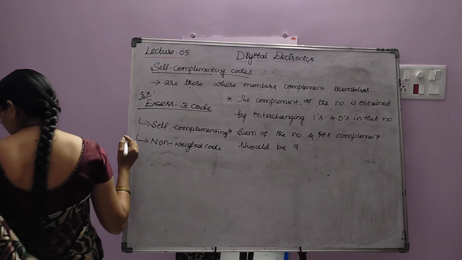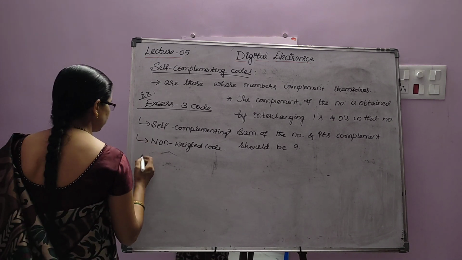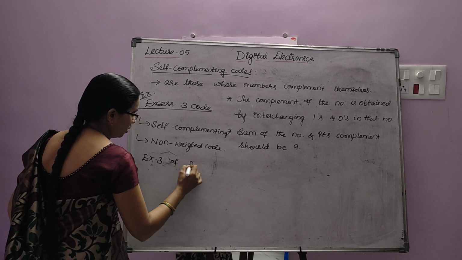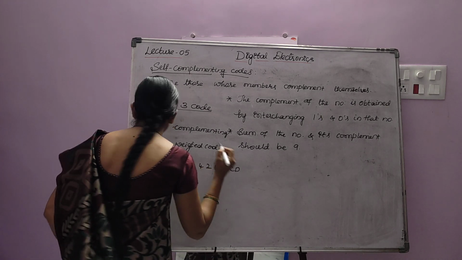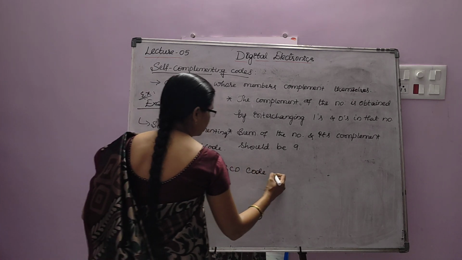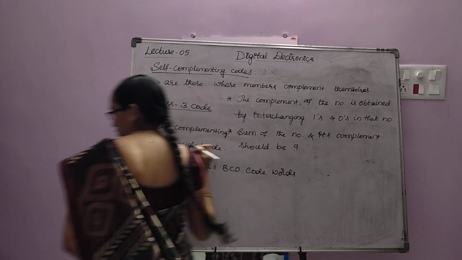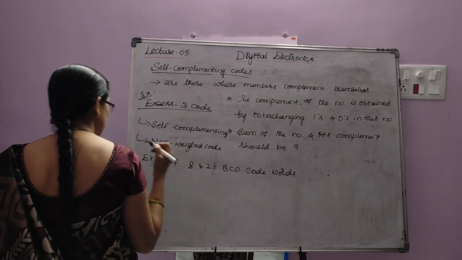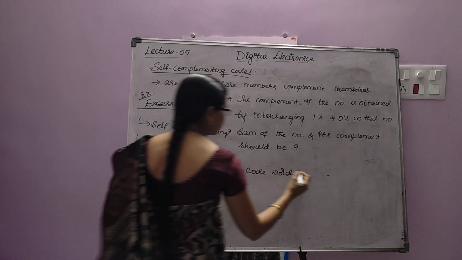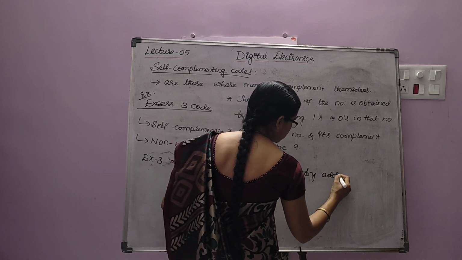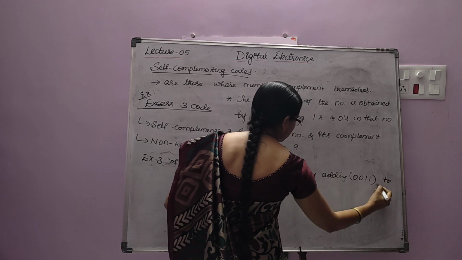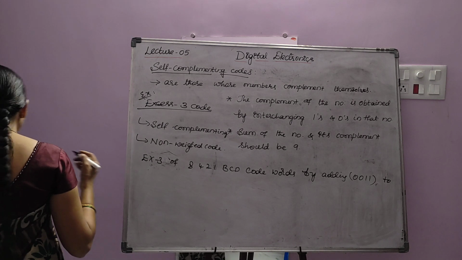XS3 code is derived from 8421 BCD code words. We are adding 0011 to each code word.